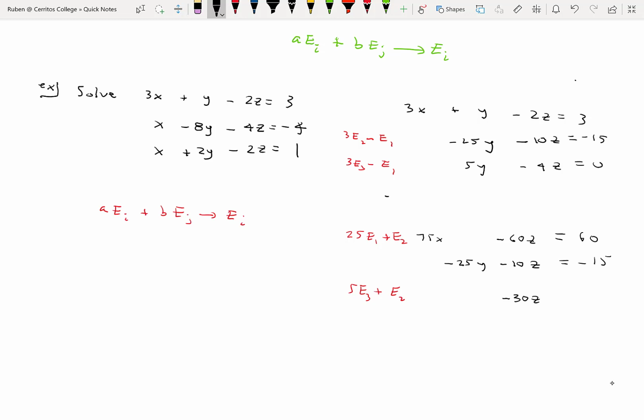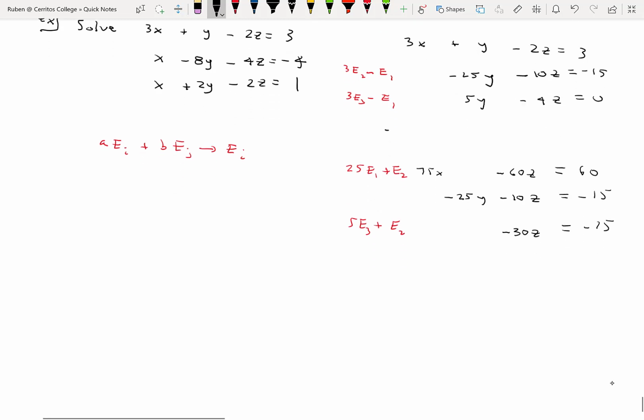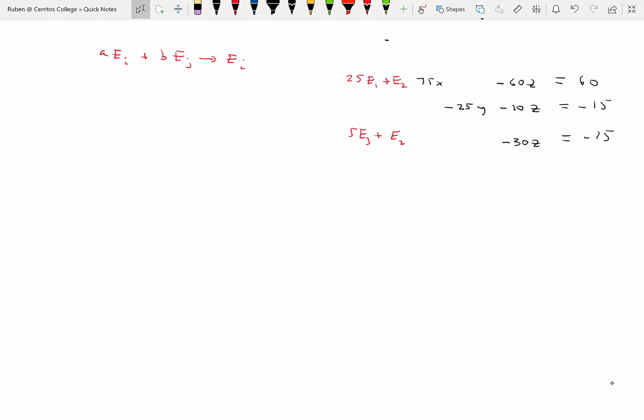If I do that with the z terms, if I take 5 times negative 4z, I get negative 20z, and then add the negative 10z, I get negative 30z, and equals negative 15. So again, painfully slow and tedious for humans to do, but computers do this very, very quickly. Finally, let's get that negative 30z to be by itself with no z terms above it.